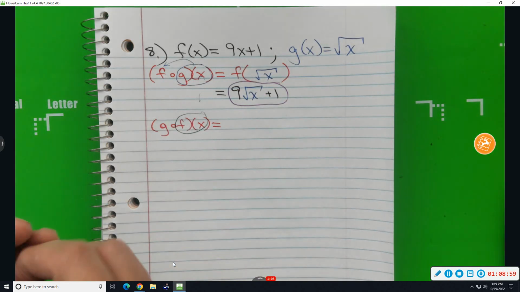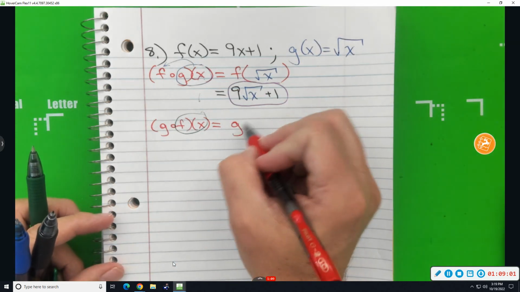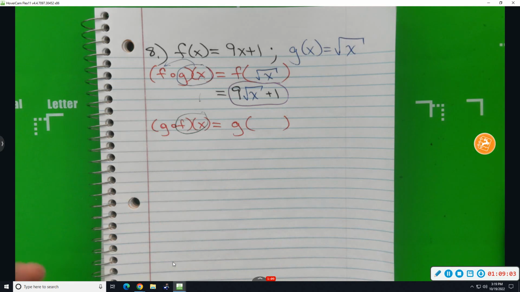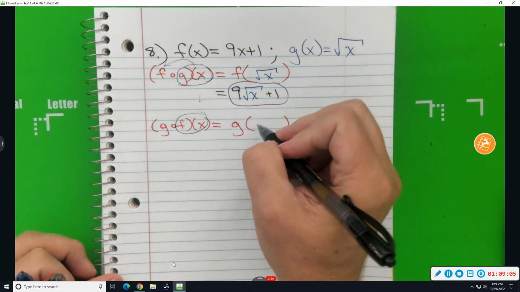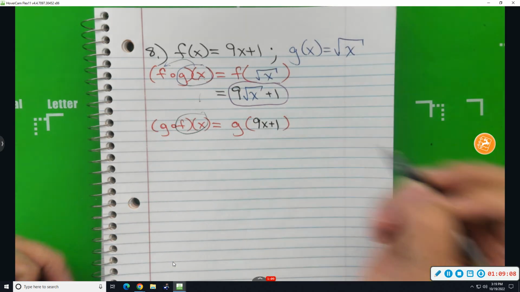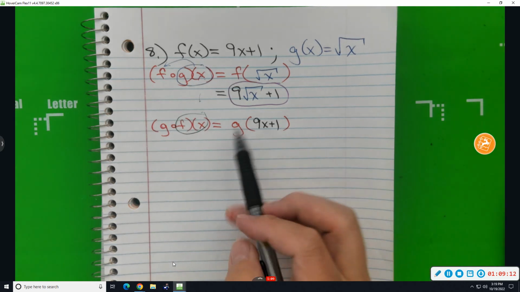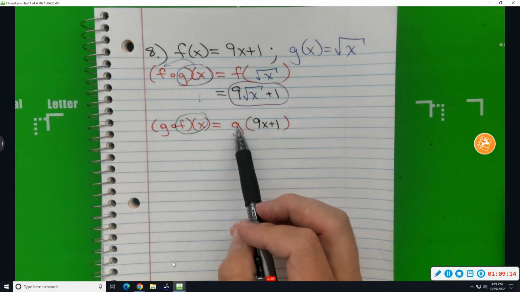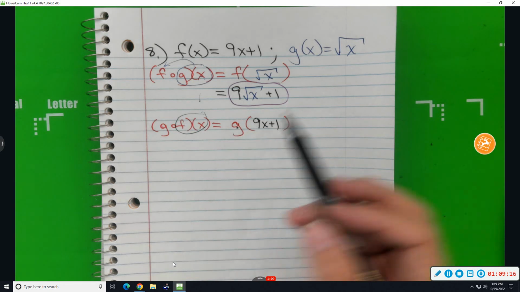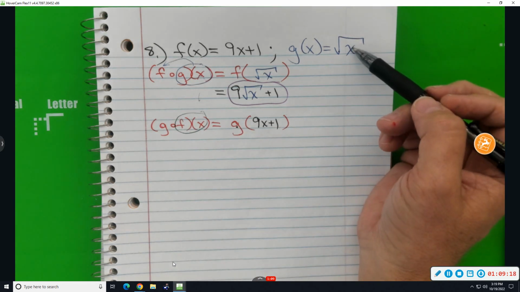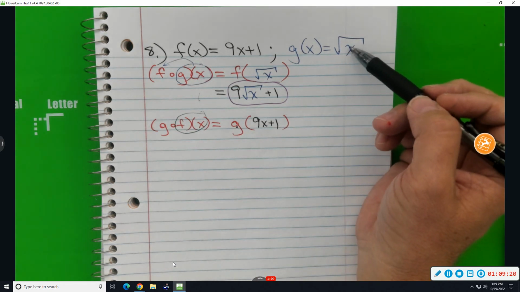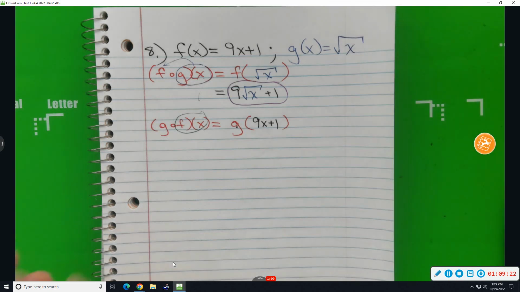G is still sitting there on the outside. And on the inside, we have f of x, 9x plus 1. So this says go to function g, and wherever you see a variable, what are we going to write here in place of this blue x? 9x plus 1.